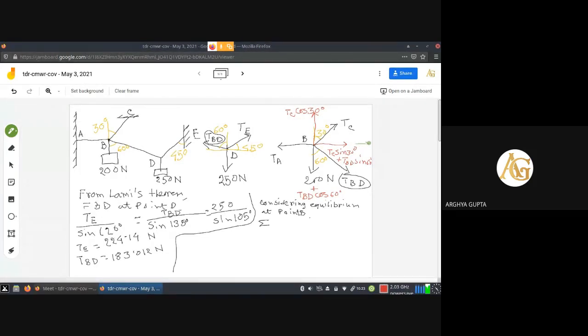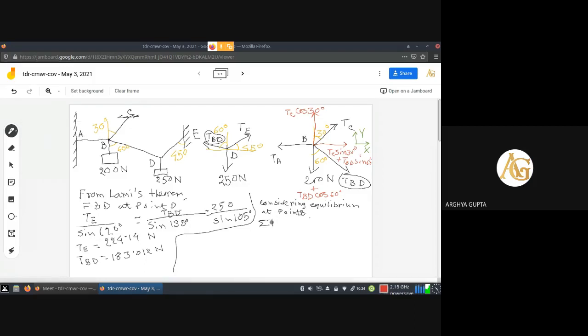So this is the x direction and this is the y direction. I have shown this because then I can show that summation of Fx is 0, summation of Fy is 0 by considering equilibrium.